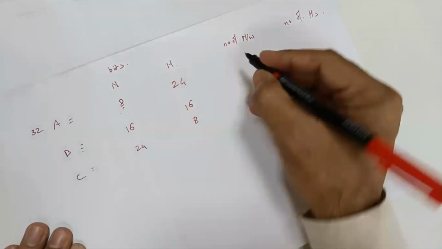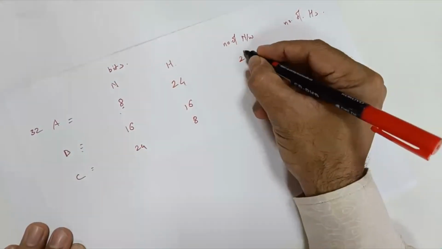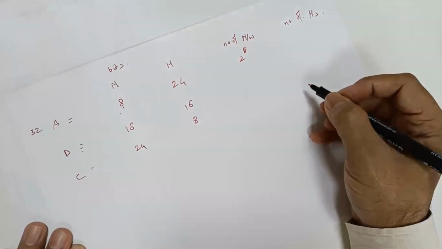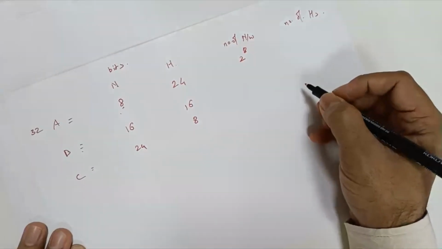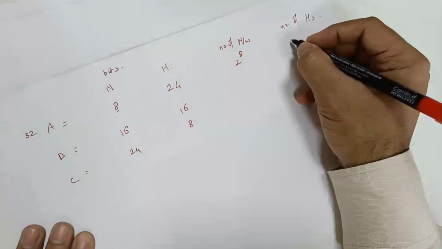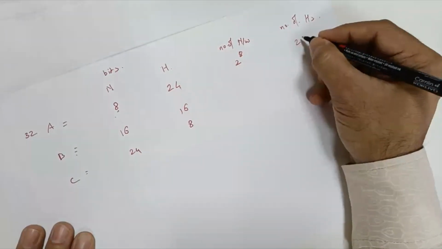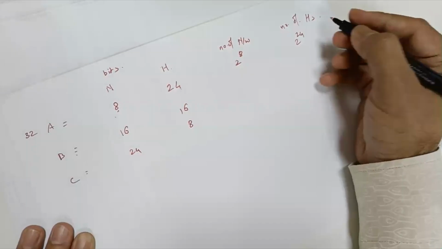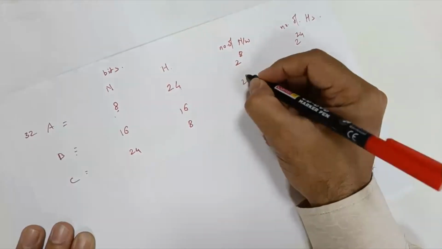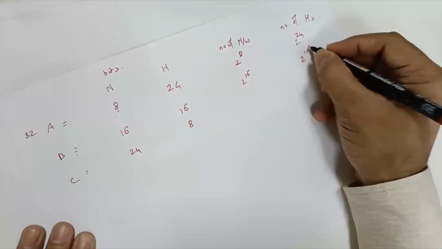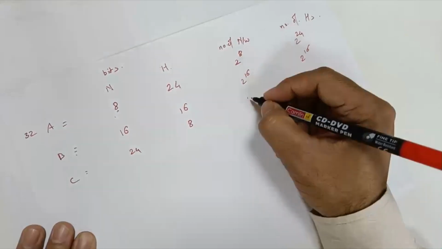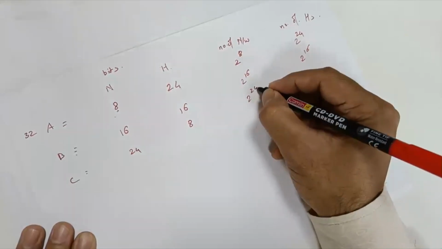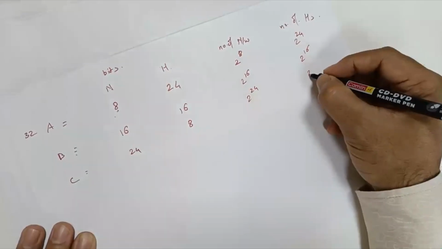As simple as that, it is 2 raised to 8. And the number of hosts, obviously 2 raised to 24. Similarly, for class B, 2 raised to 16 and 2 raised to 16. For class C, the number of networks is 2 raised to 24, and the number of hosts is 2 raised to 8.